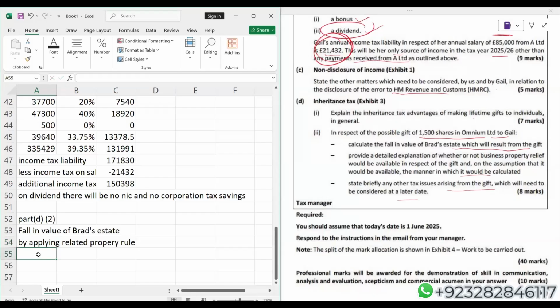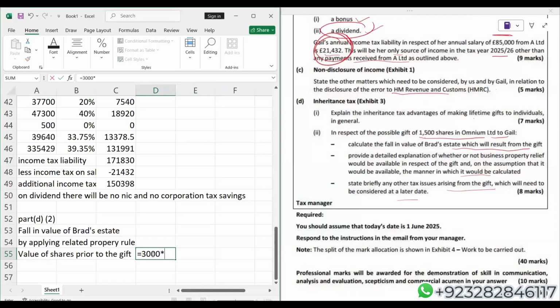Value of shares before the gift, value of shares prior to gift. Can I say prior to gift the holding was 75%? 3,000 at 75%.